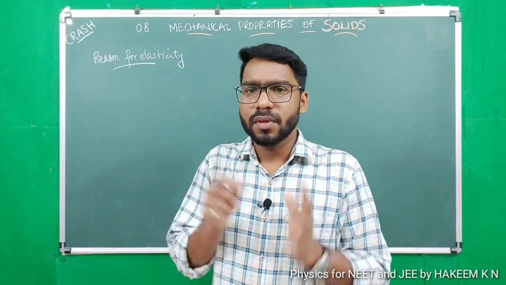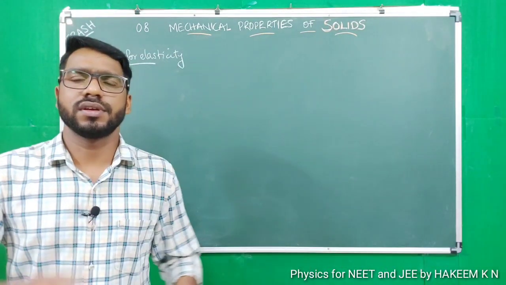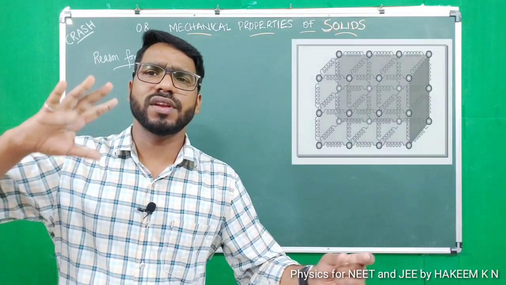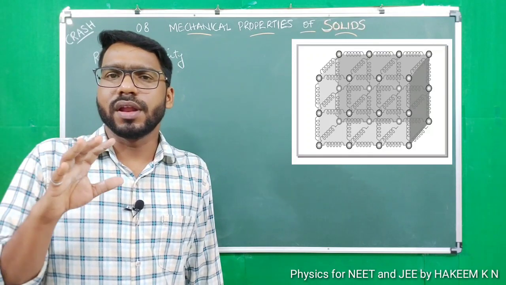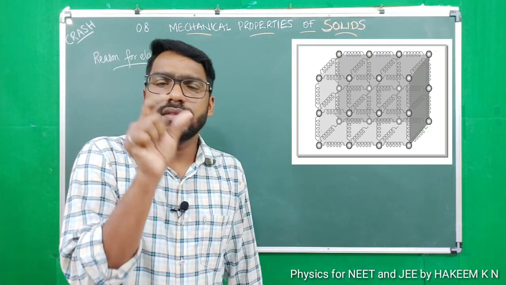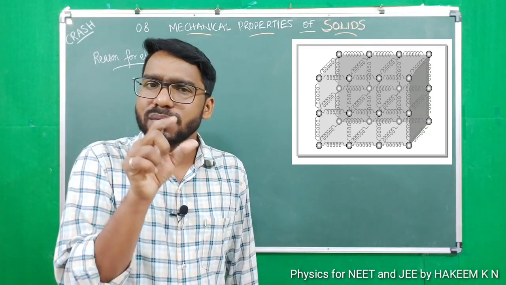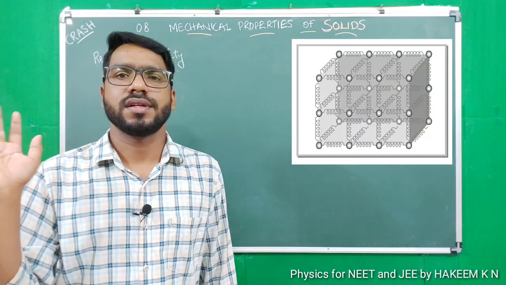Now listen here. When a stress or a force is applied on a body, then what happens? The body compresses. The distance between the molecules becomes less than the equilibrium distance.